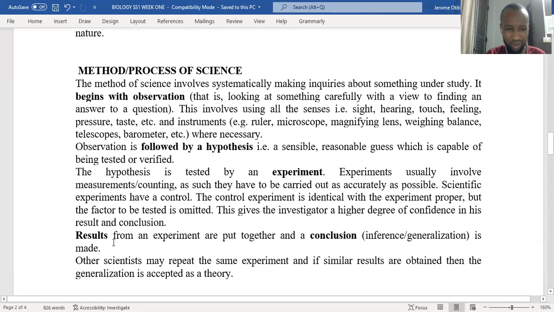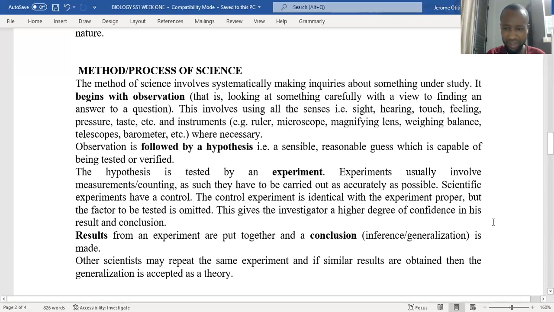The next one is the result. Results from the experiment are put together. Then after the result is there, the result is interpreted, you can use a graph to interpret it, and a conclusion is made. These are the methods of science. Other scientists may repeat the same experiment and see if they get similar results.